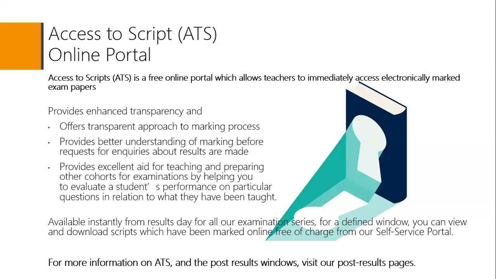You can see all of your students' marked exam papers free of charge. It's accessed through Edexcel online. The scripts don't have any examiner annotation on them. They do have the mark that was awarded for the question, but no examiner annotation. And you can access it alongside Results Plus, another free online service.